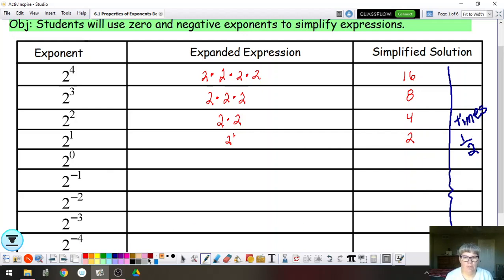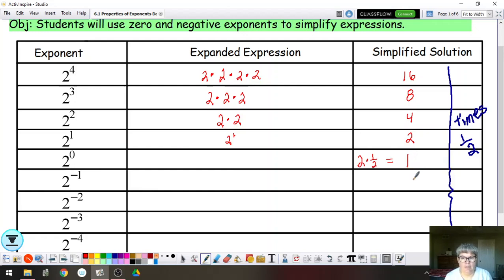So if I were to take 2 times 1/2, what would that be? 2 times 1/2 is 1. So 2 to the 0 power is going to be 1.